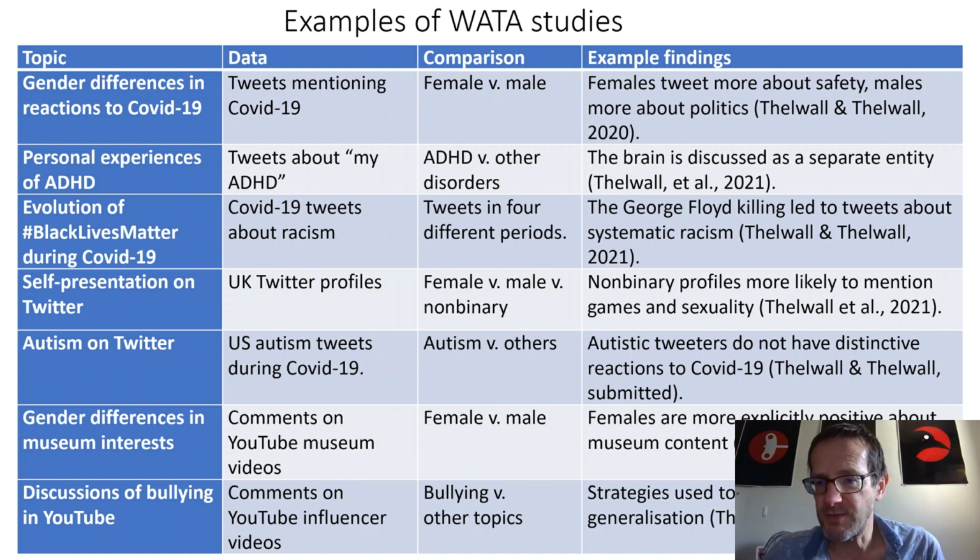One of the findings was that one of the strategies used to address bullying on YouTube was generalization. When commenters were offering support to victims of bullying, they would use some kind of generalization strategy.